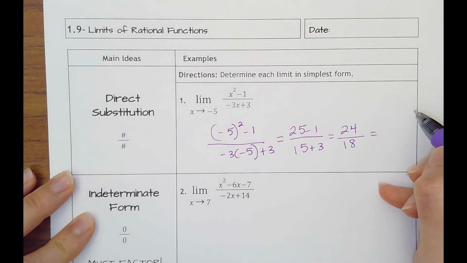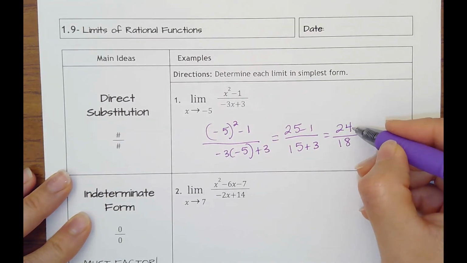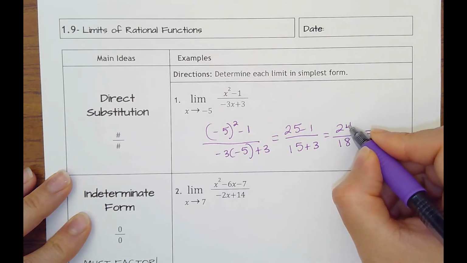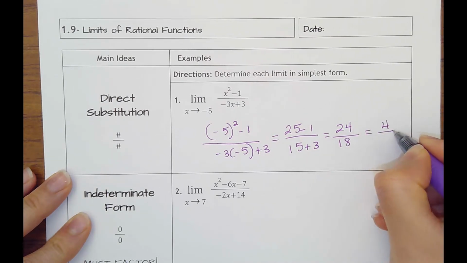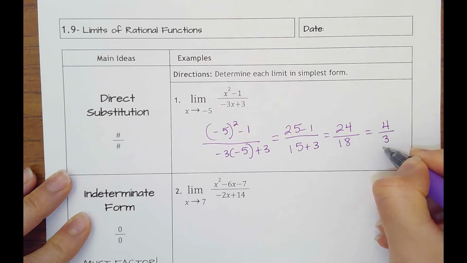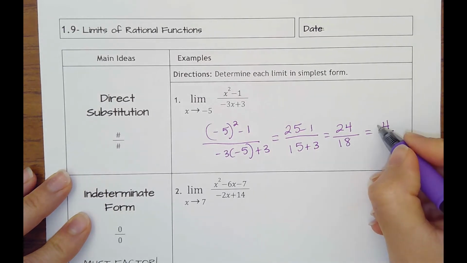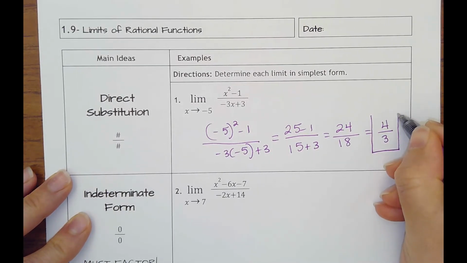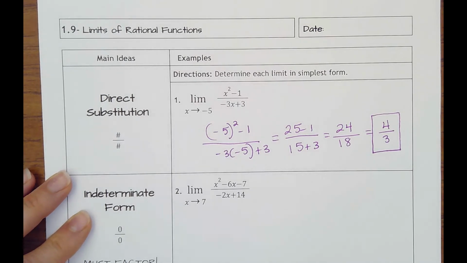Simplify that, so I would divide out a 6, and that would be 4/3. So when I get a number over a number, that is going to be the solution.